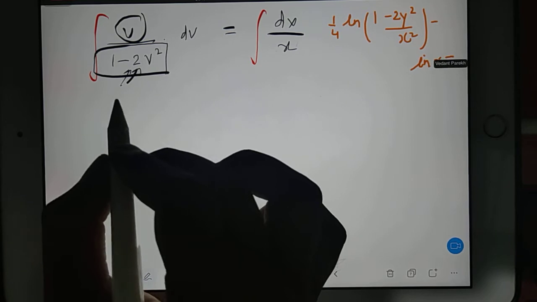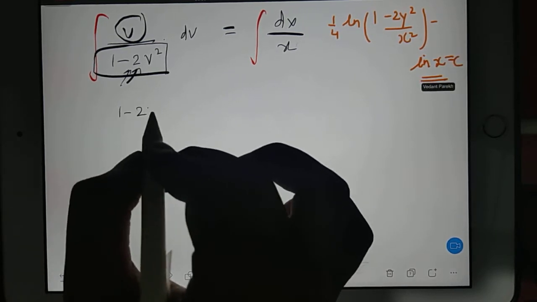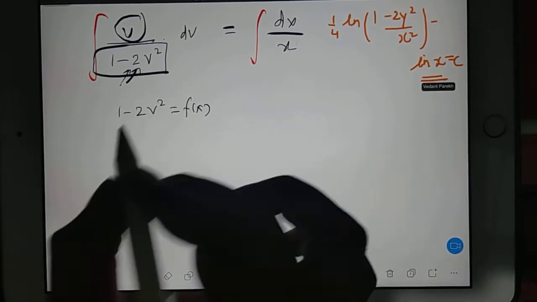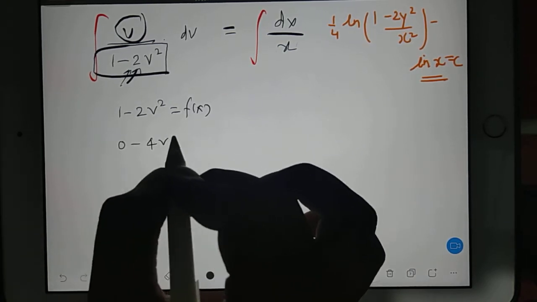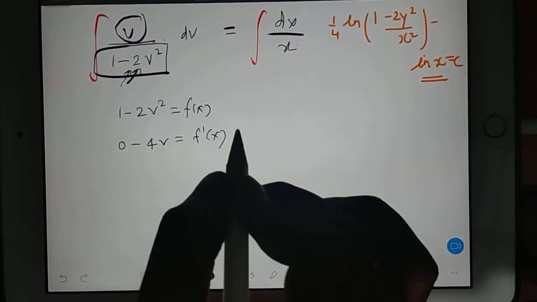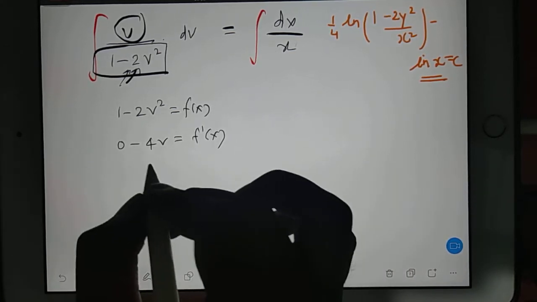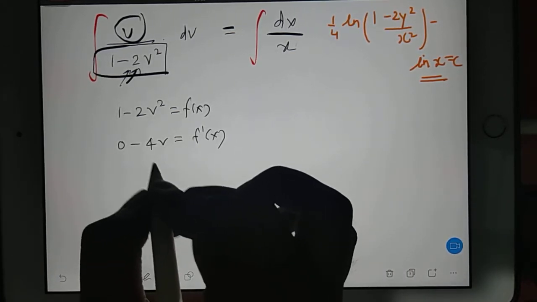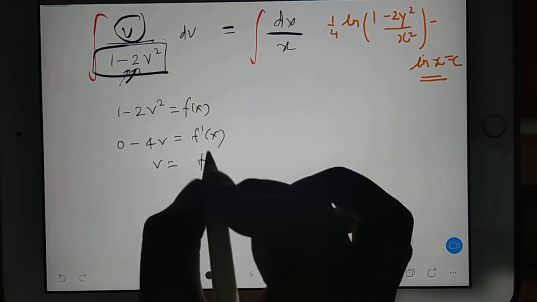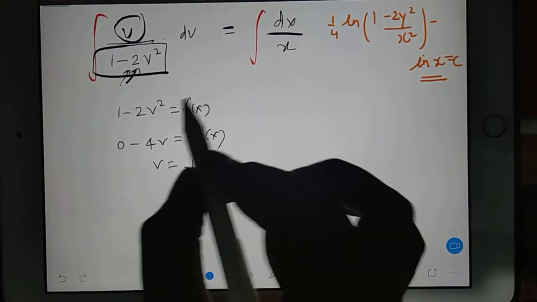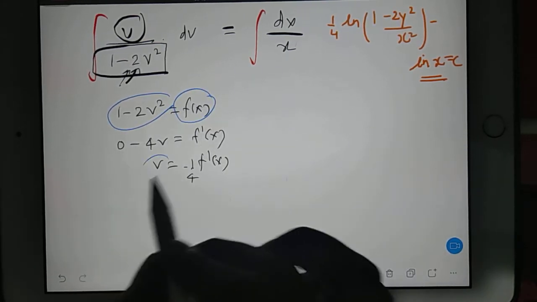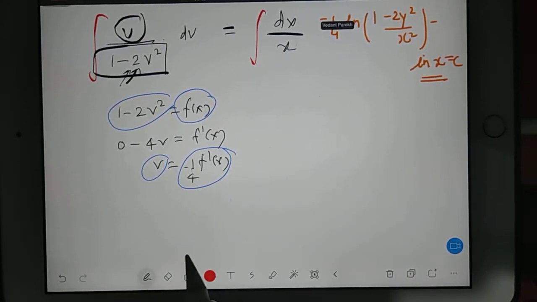Very good, Vedant. So you can consider this 1 minus 2v square as your f x, right? If you differentiate this, you'll be getting 0 minus 4v is equal to f dash x, correct? So you can replace this v as f dash x times minus 1 by 4. So you replace all the values. This you replace with f x and this you replace with this, and you'll be getting your final answer.